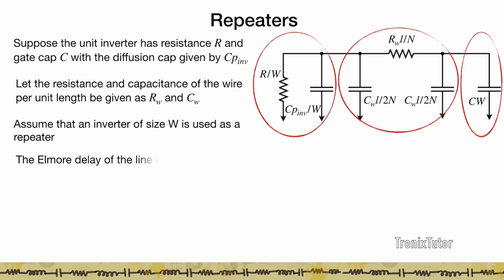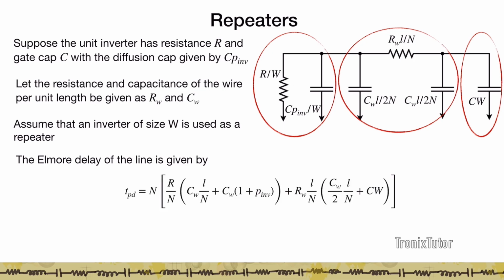So if I look at the delay of this line, I'm going to do this n times. So I can give the total propagation delay of the wire in this format, right? And so here you see that the total propagation delay depends on the driver resistance as well as on the wire resistance and the inverter delay.